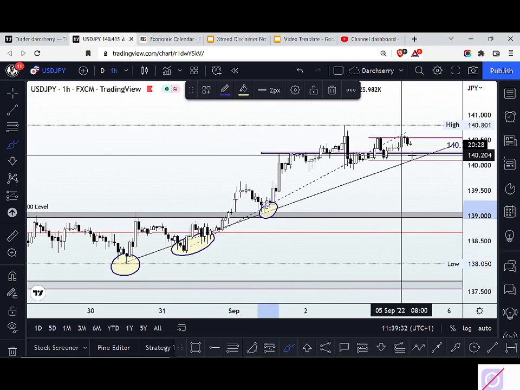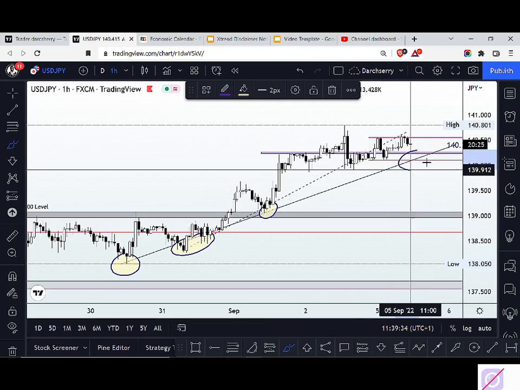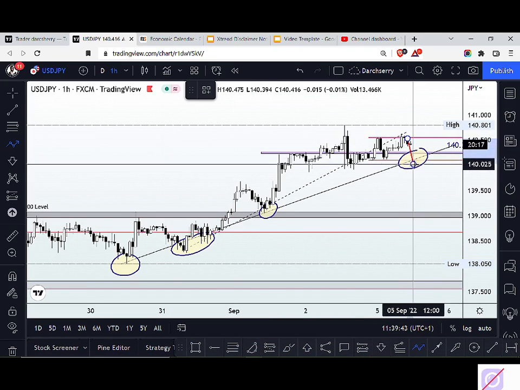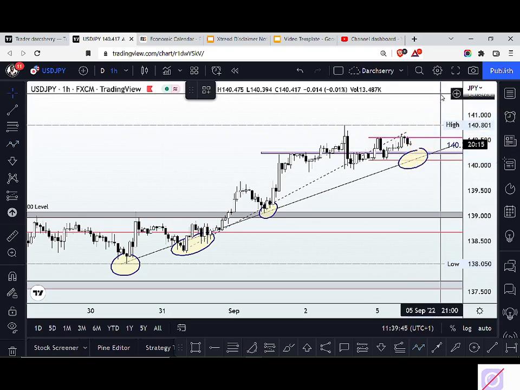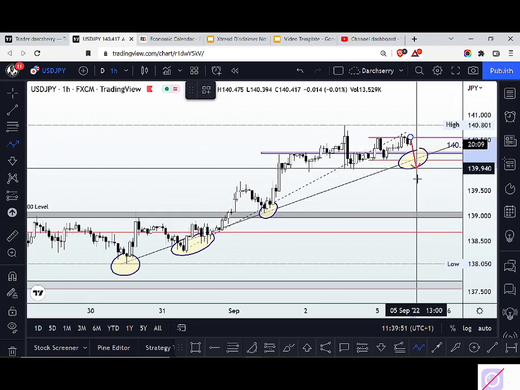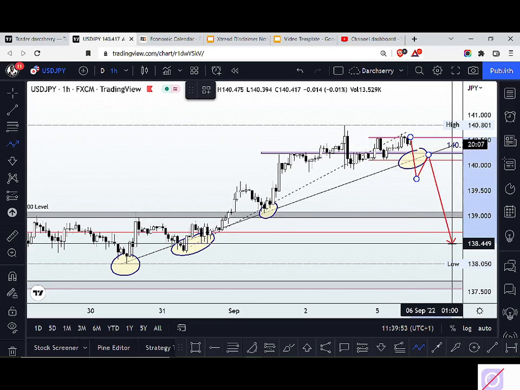Right now, is this trend line going to hold price again to push price to the upside? Are we going to have multiple rejections of this bullish trend line one more time to push price to the upside, or are we going to have a breakdown of this trend line to send price crashing to the downside?